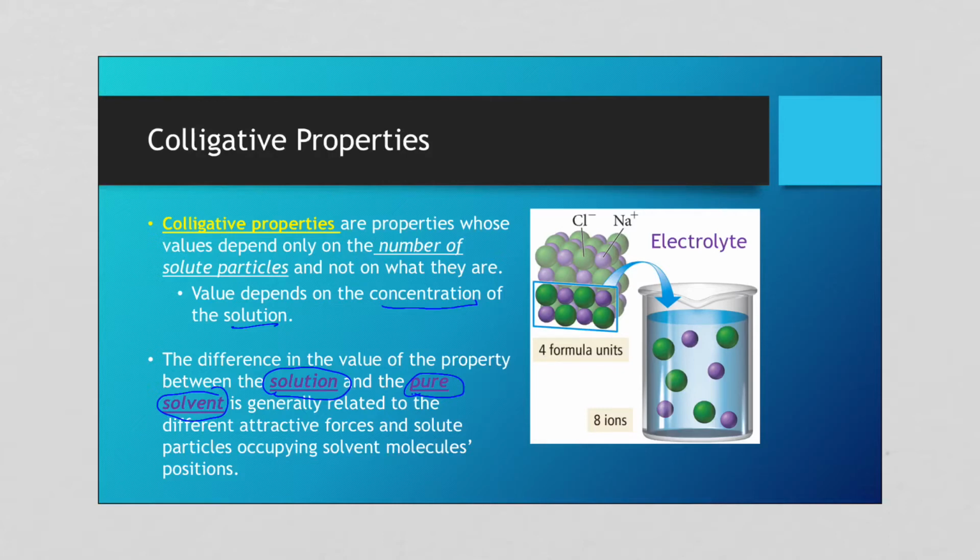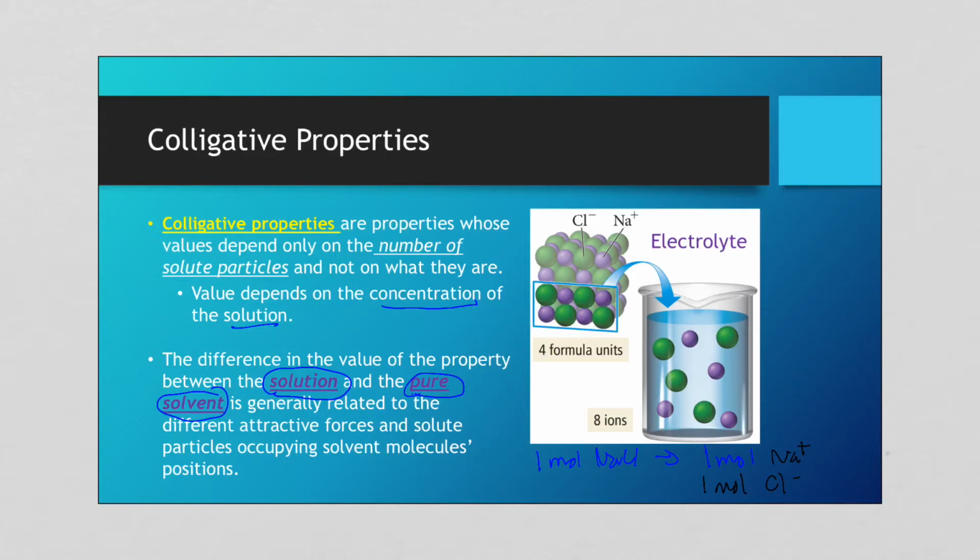So when I dissolve 1 mole of sodium chloride, what I end up with is not 1 mole of particles, but 2 moles of particles, because 1 mole of NaCl generates 1 mole of Na+ ions and 1 mole of Cl- ions.